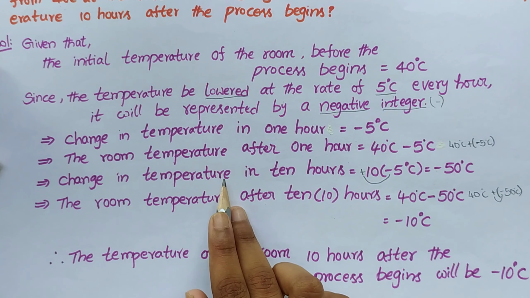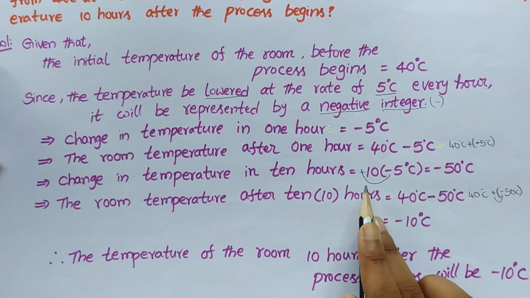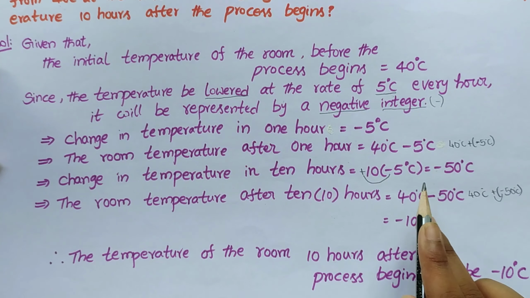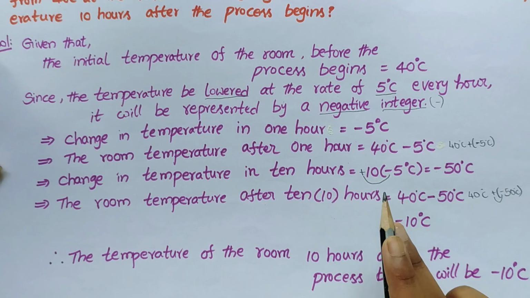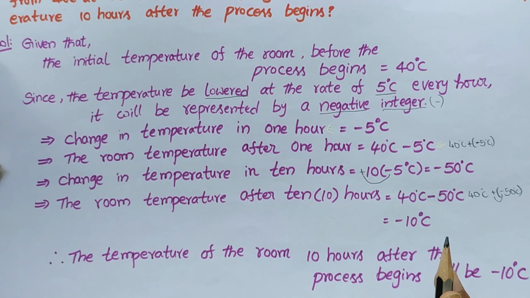So the change in temperature in 10 hours is 10 into minus 5 degrees Celsius, so it is minus 50 degrees Celsius, and the room temperature after 10 hours would be 40 degrees Celsius plus of minus 50 degrees Celsius. Therefore the temperature of the room 10 hours after the process begins will be minus 10 degrees Celsius. Is it clear, friends?